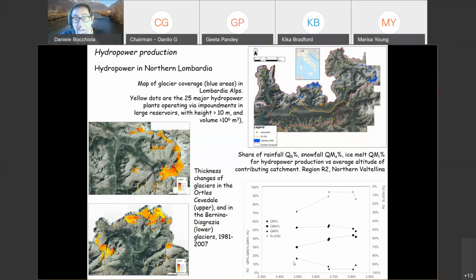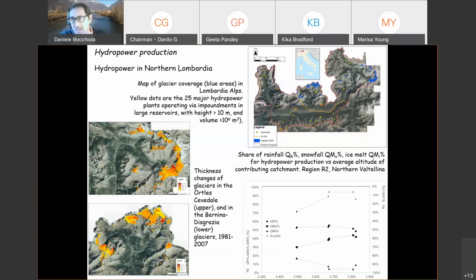Well, in the downstream plants, which are the biggest ones with the most hydropower production, you may have all the way up to 20% or so of water used for hydropower production coming from glaciers. And if you consider snow melt, which is the square part here, from down to up, you may reach even 45% or so of water coming from snow melt.